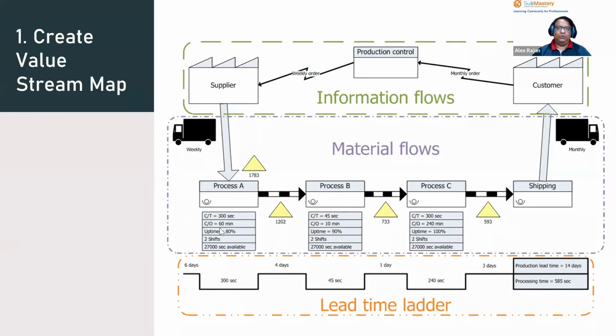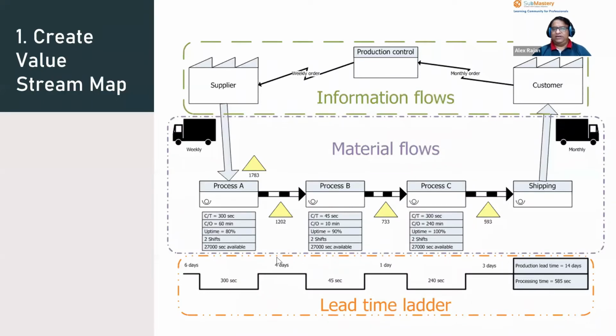The project team looks into the process and sees the time taken for each item to be processed. That is called the cycle time, and the changeover times are given. We are looking at the cycle time and the waiting time between processes. So we say 6 days for procuring the material, and process A takes 300 seconds for one item to be processed.